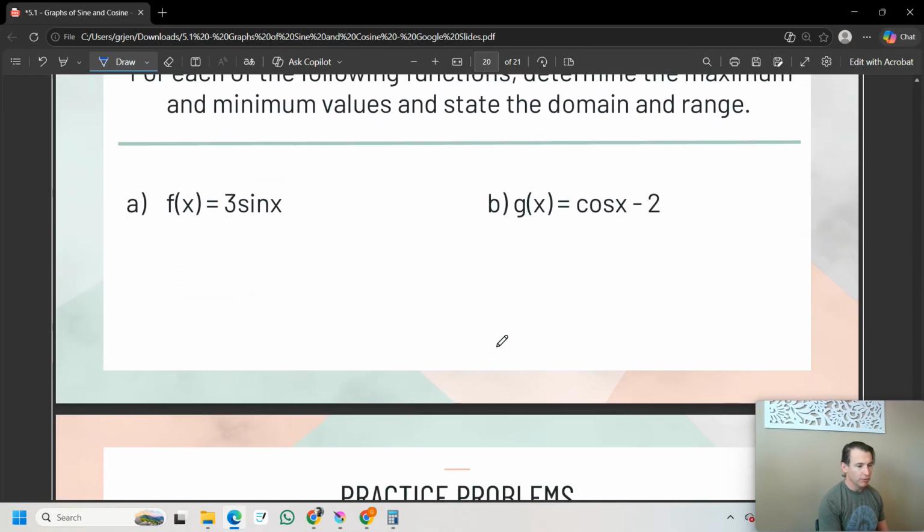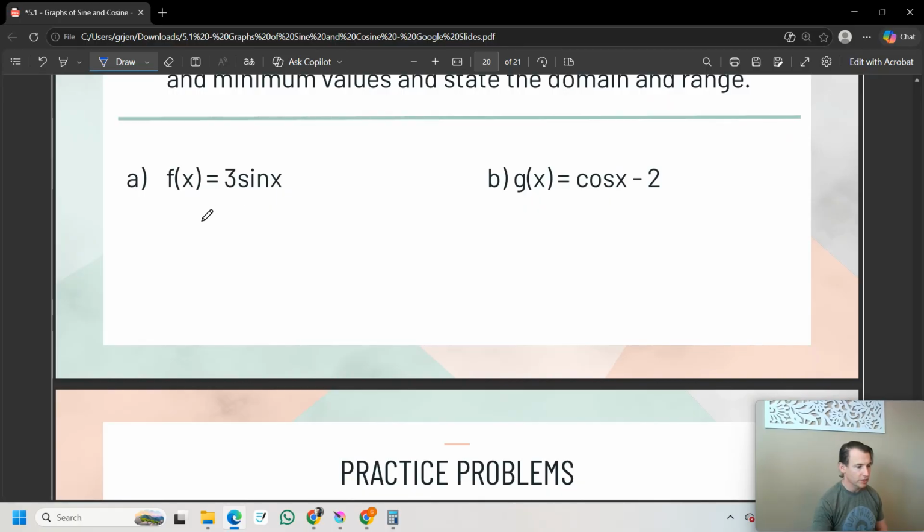So if we wanted to state the domain and range of these, x is of the reals, and our maximum value would be 3. So we have -3 is less than or equal to y, which is less than or equal to 3. Our minimum and our maximum is 3 there.